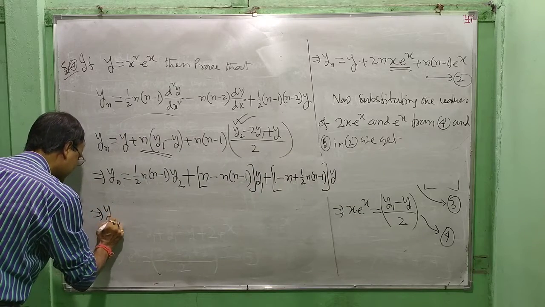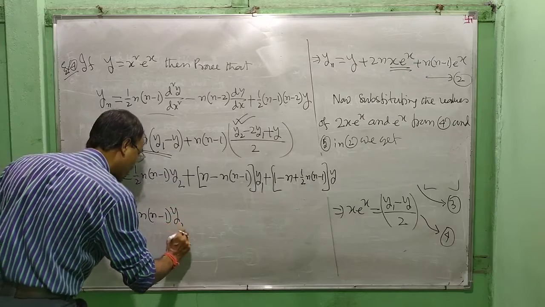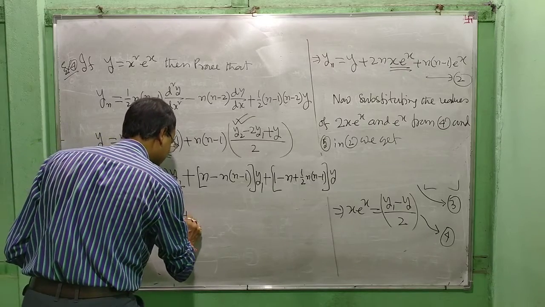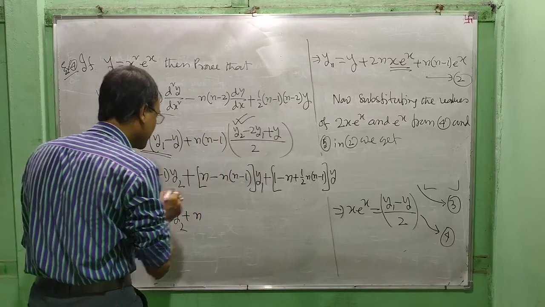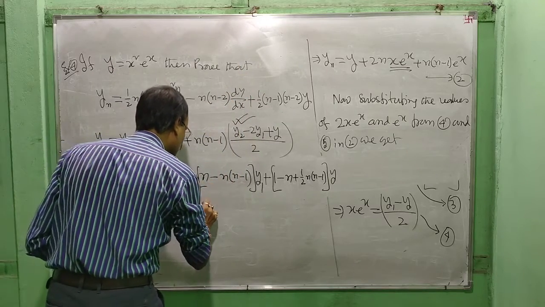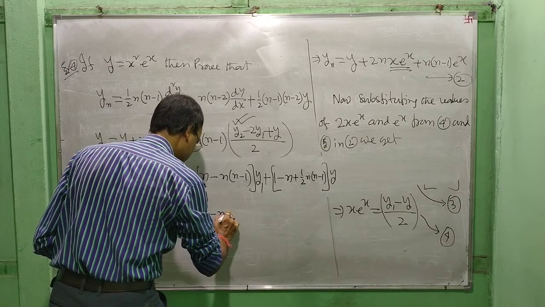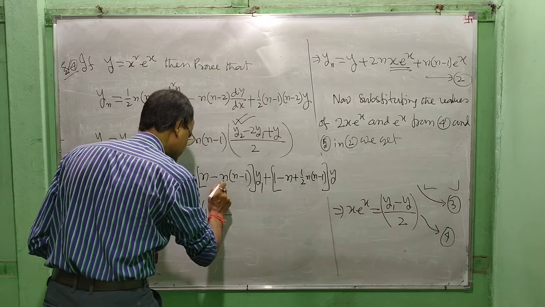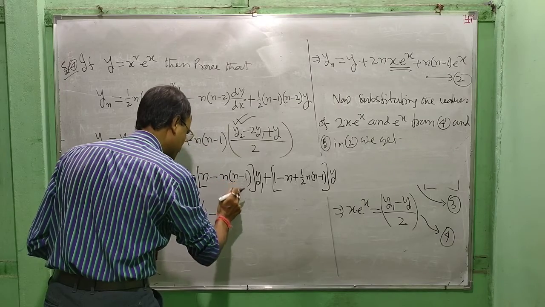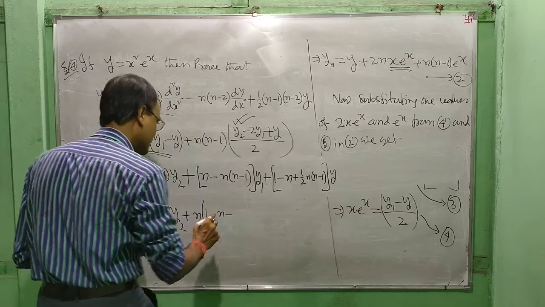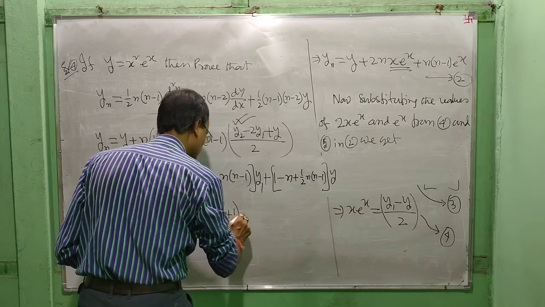Or yn, this is equal to half into n minus 1 y2 plus, take n common, 1 minus n plus 1 y1.